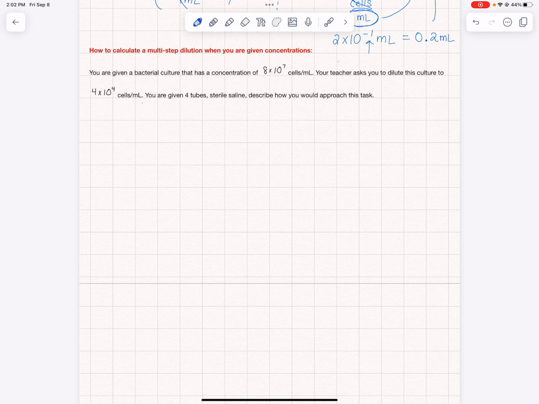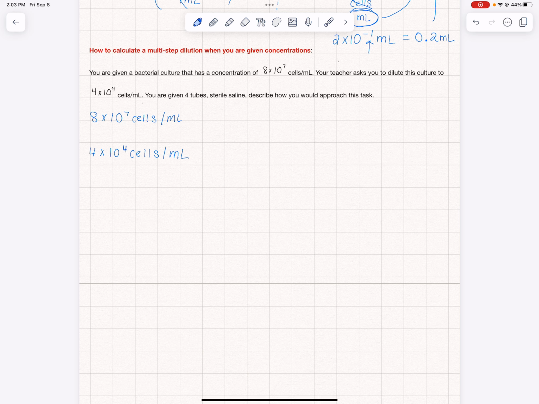So we know that we're starting with 8 times 10 to the 7th. And we need to get to 4 times 10 to the 4th. So the first thing that I will do is compare the exponents.